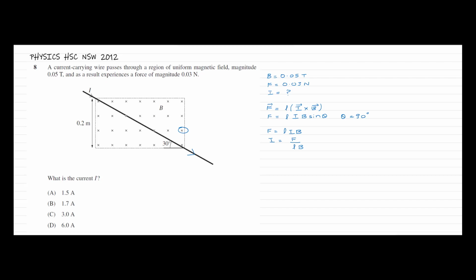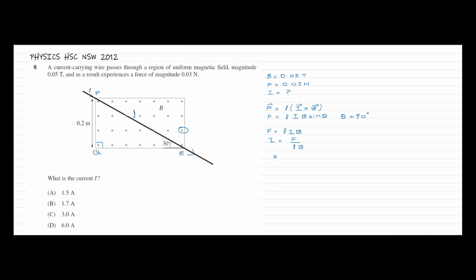So what is L? L is this length of the wire, but in terms of the triangle P, Q and R, in this right angle triangle, this value 30 degree angle R. So can we make use of this to find the value of L?